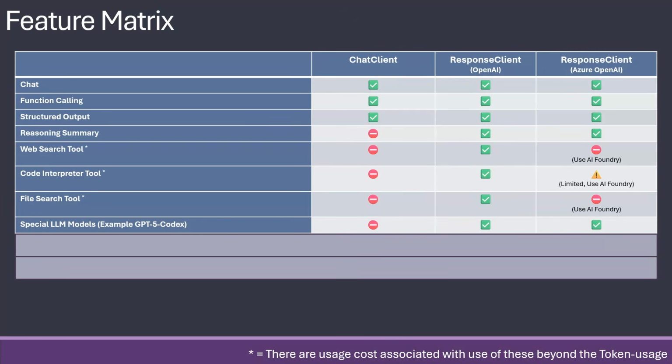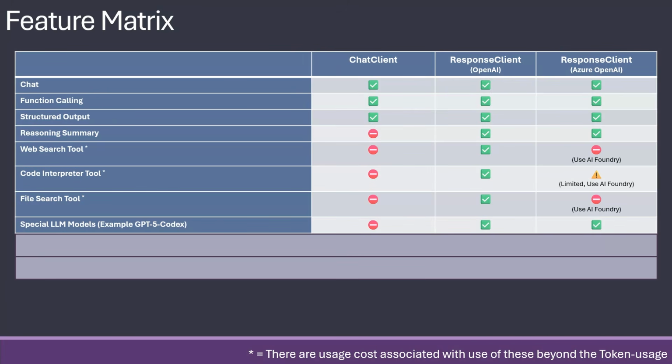Then another thing I came across was, for example, that GPT-5 Codex, which is an LLM model for coding, is not available in the Chat Client, and it's one of the first that is not available there. So it sounds like OpenAI might be beginning to have certain LLM models that only work with the Responses client. In general, they see the Chat Client as a stable client.